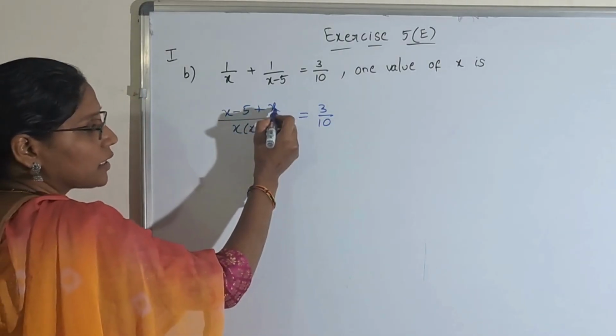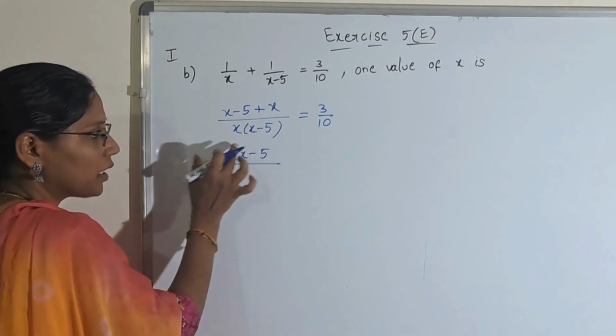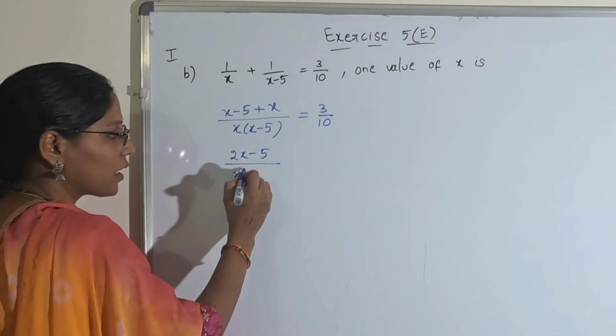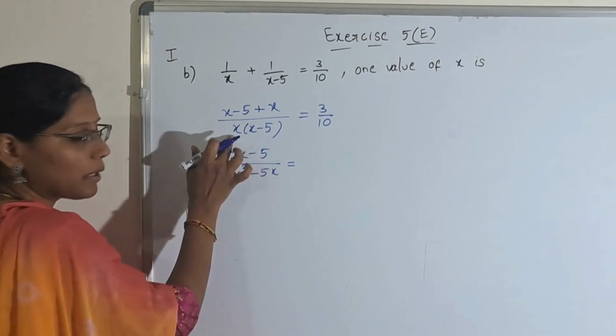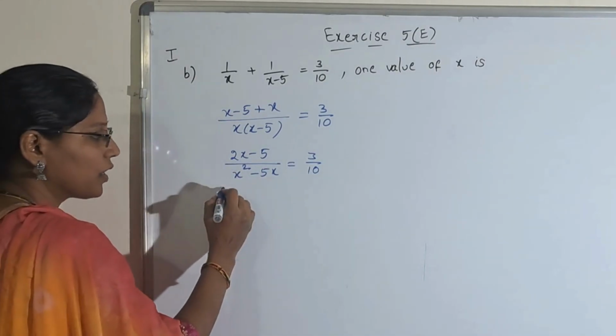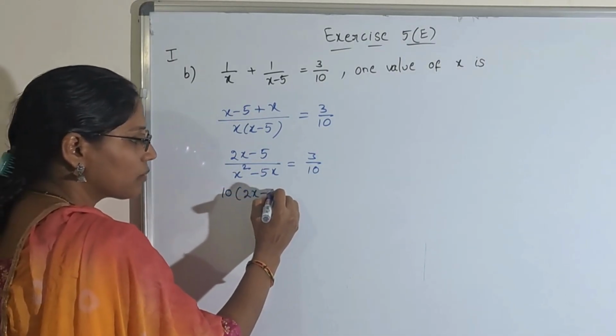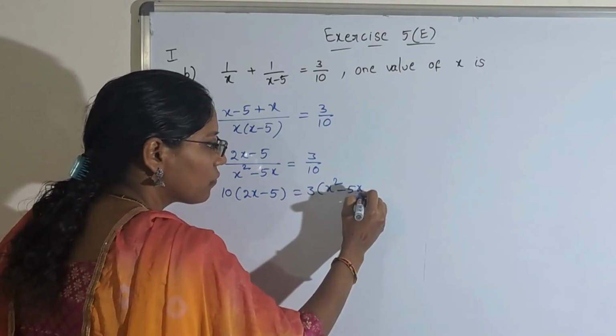Here x plus x is 2x minus 5, by the denominator x into x square minus x into 5, which is 5x. This bracket multiplied with x, equal to 3 by 10. Cross multiplication: 10 of 2x minus 5 equal to 3 of x square minus 5x.